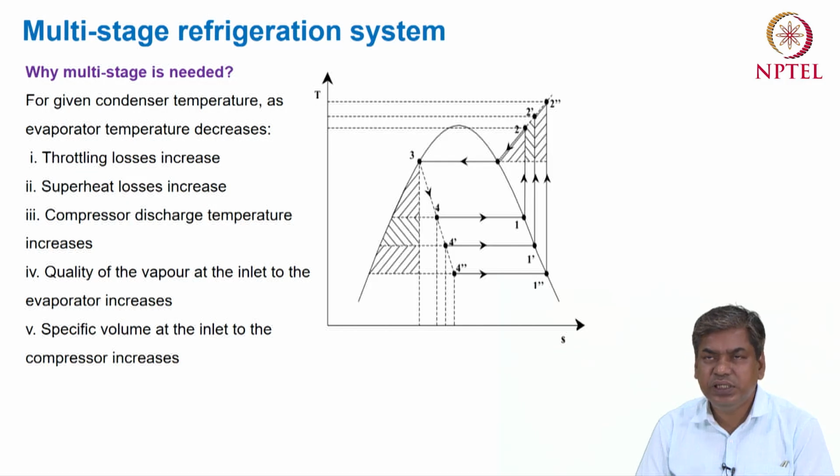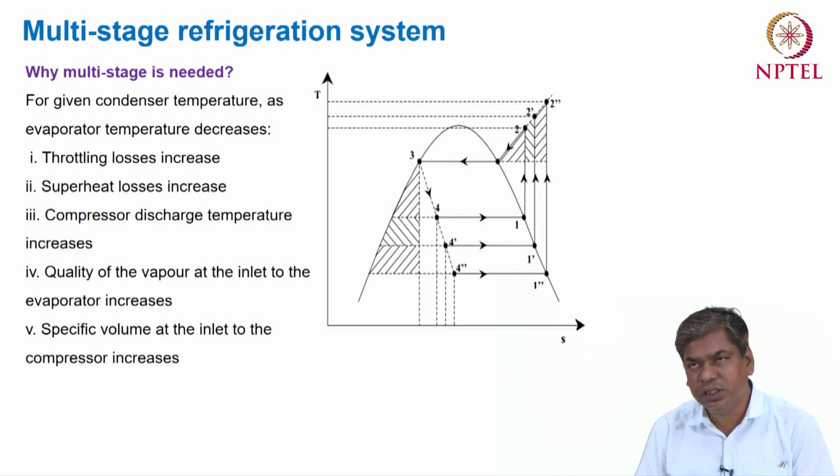Then the superheat horn, which I have already told you is the extra work needed for the compressor if we compare this cycle with the isothermal heat rejection process. You can see that this area will increase as we decrease the evaporator temperature.